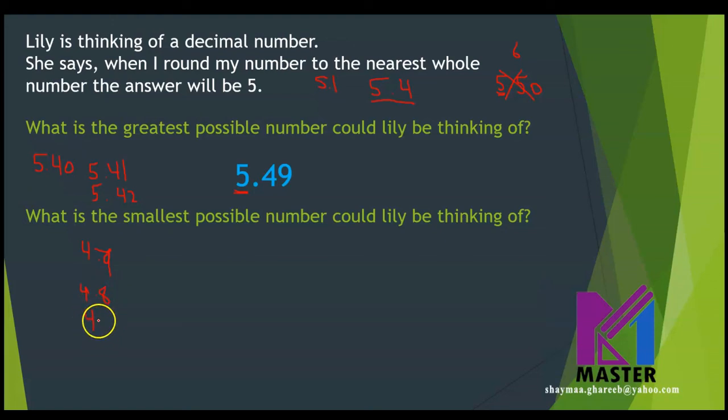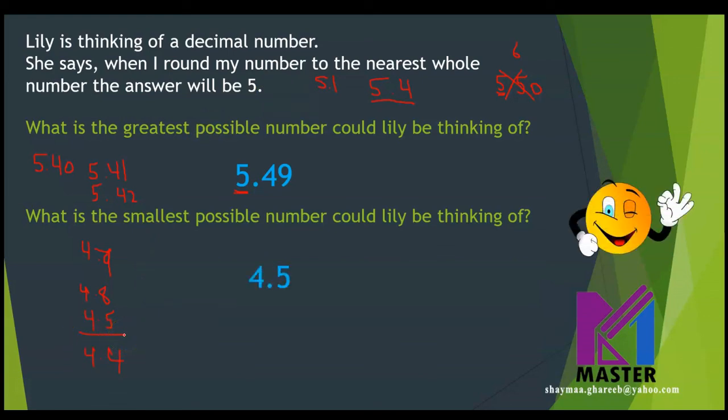So 4.5, if I round it, it will give me 5. What about 4.4? 4.4 will not give me the 5 I want. Then the smallest possible number that gives me 5 when rounded to the nearest whole number will be 4.5.